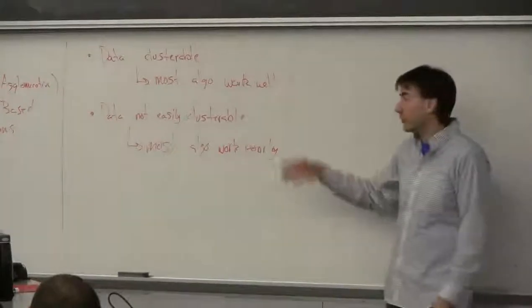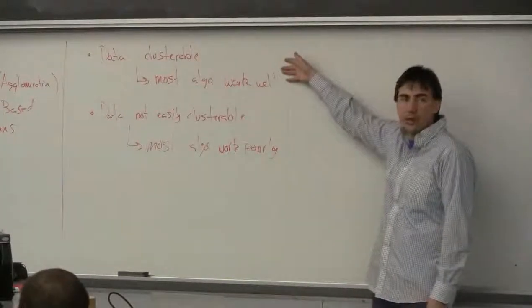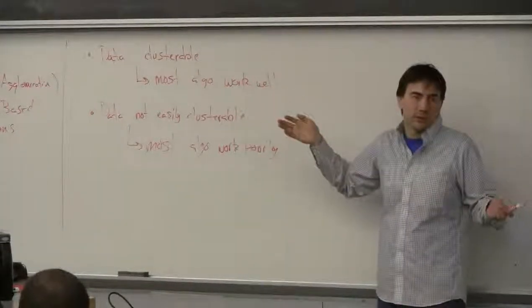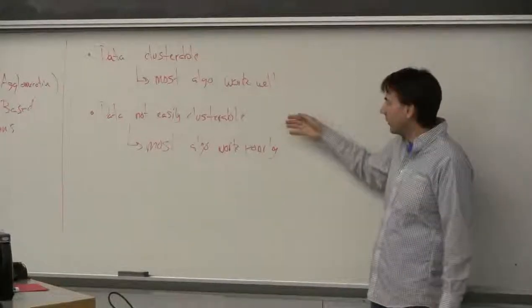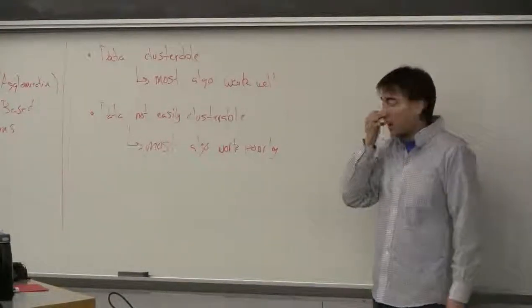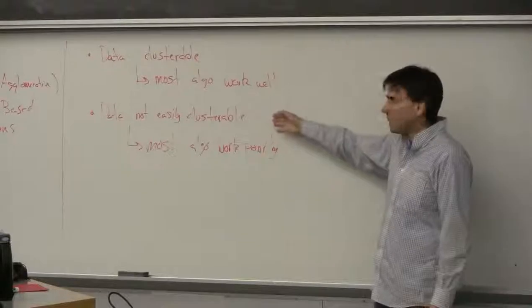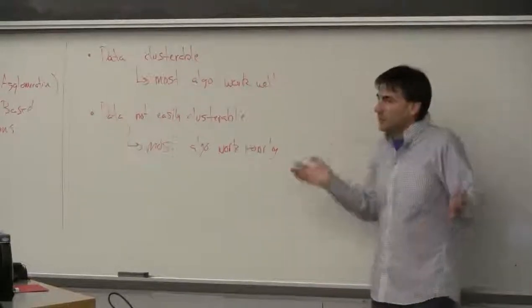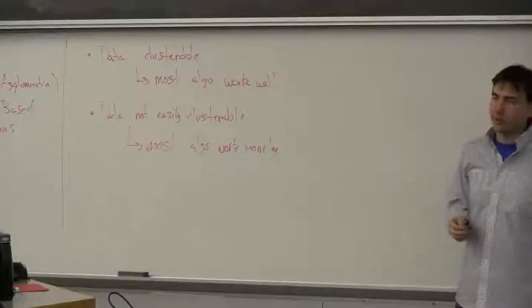If it's very consistent for different types of algorithms, your data is probably easily clusterable, and it probably doesn't matter which one you use. If you get very different results every time, then your data is probably not easily clusterable, and maybe you shouldn't trust the clusters that much.